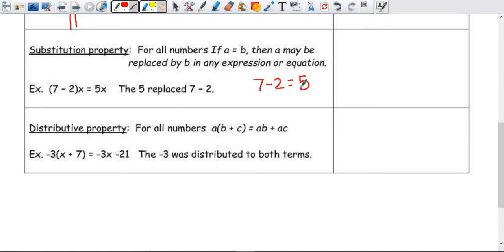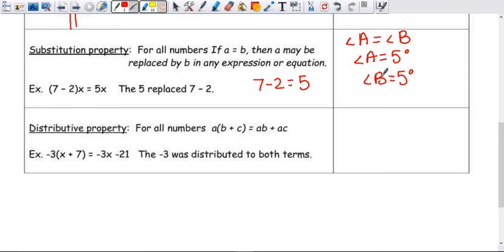So that's one example of a replacement. Another one would be if angle A equals angle B and angle A equals 5 degrees, then we can say angle B equals 5 degrees. We can substitute B in for angle A, okay?